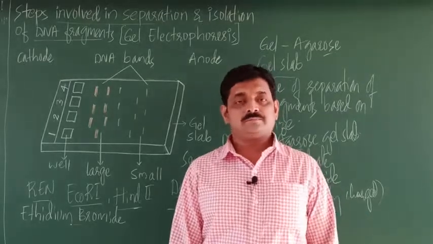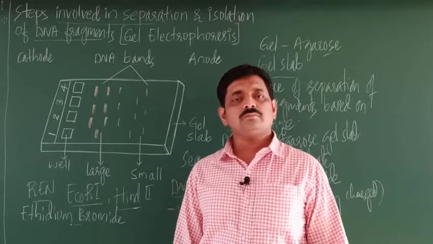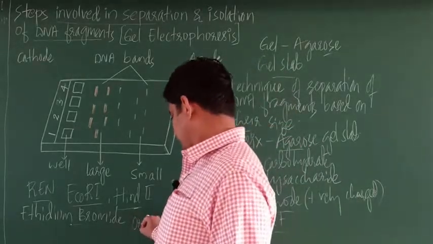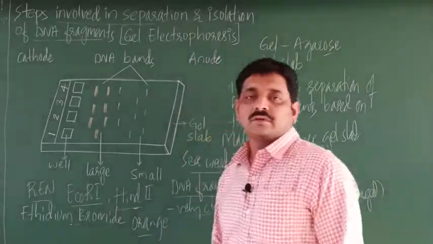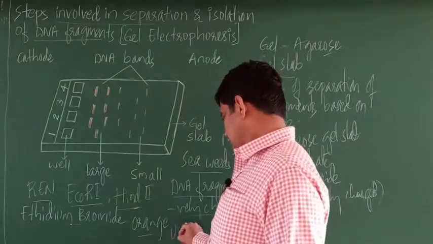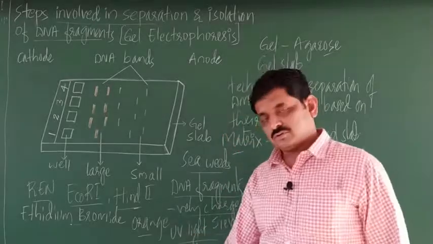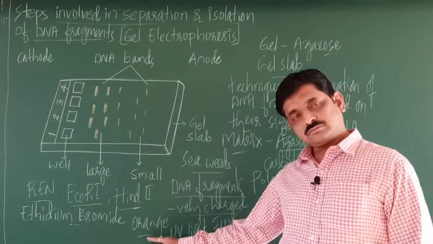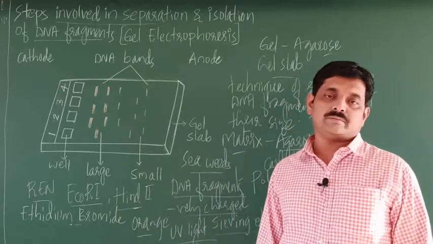So after staining, these DNA fragments appear orange under UV light. So stained DNA fragments appear orange in UV light.